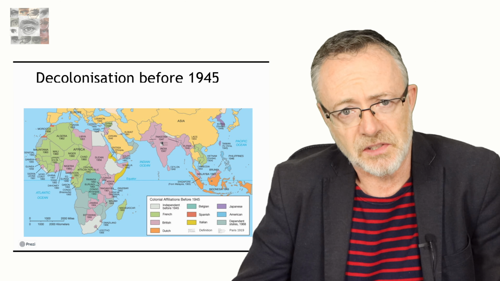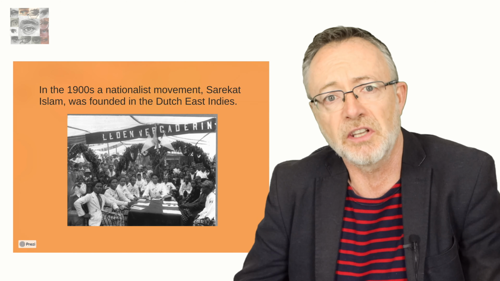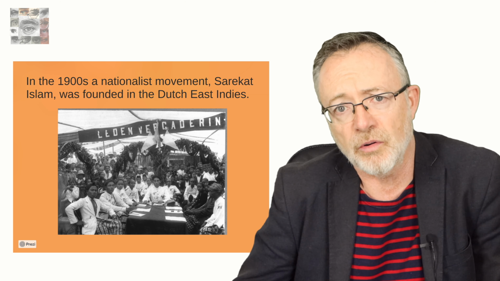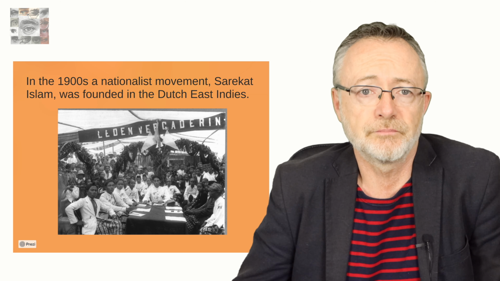In the Dutch East Indies, Sarekat Islam became the first large-scale nationalist organisation campaigning for political independence in the region. The first party congress was held in Surabaya even before the First World War.